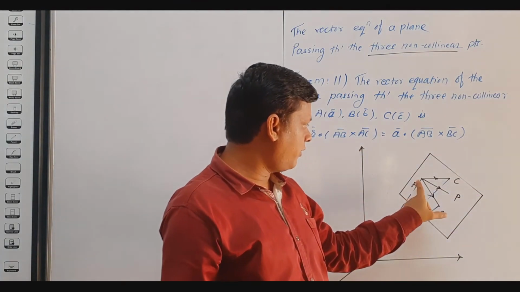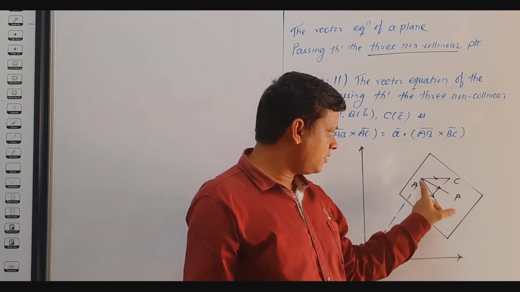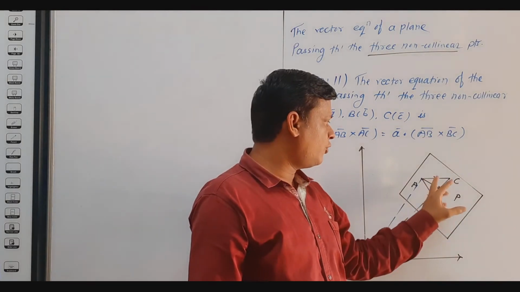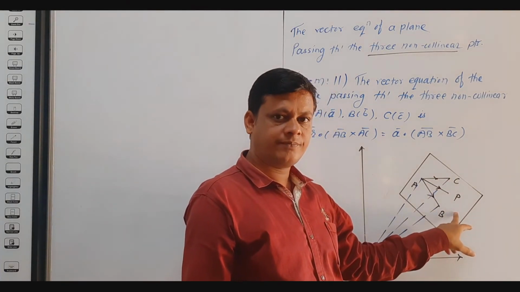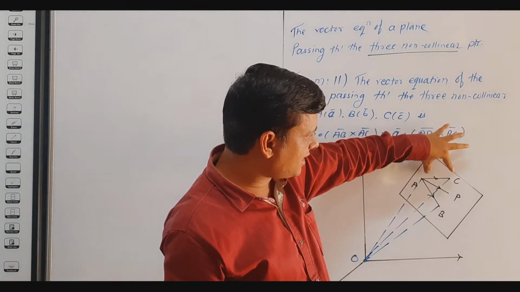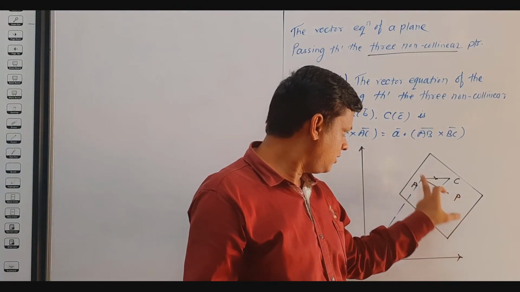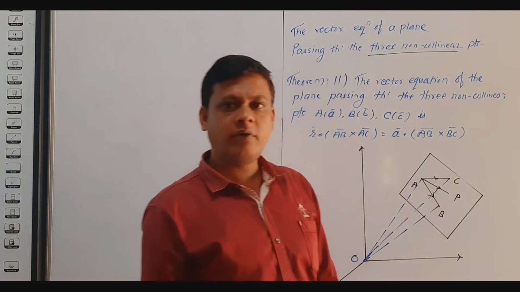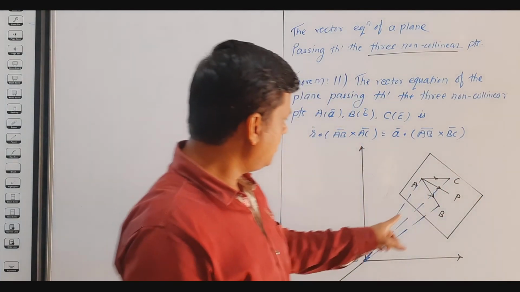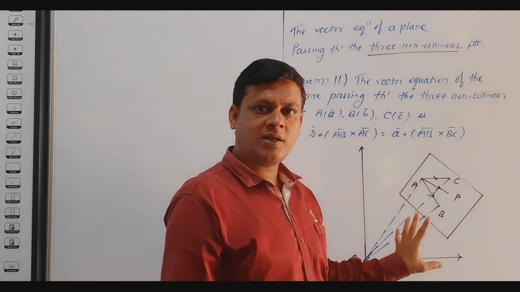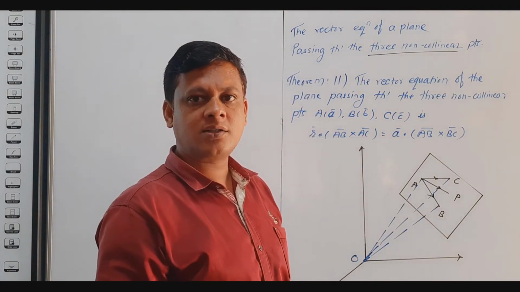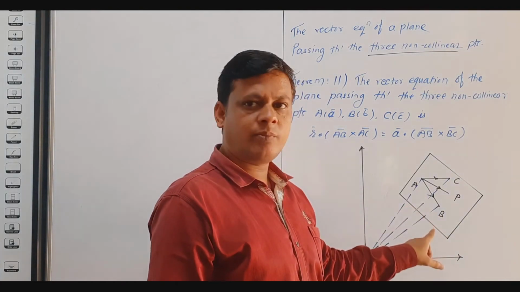Now when we consider these four points, they are coplanar. So these three vectors are also coplanar, and we know that when three vectors are coplanar, their scalar triple product is 0.